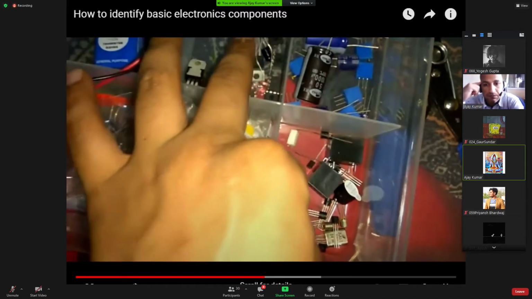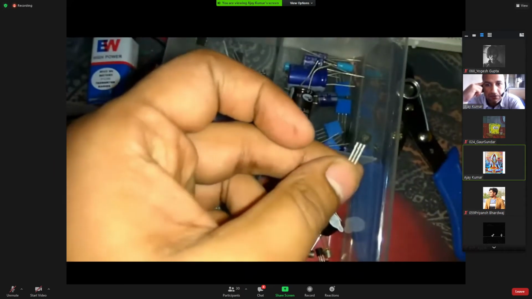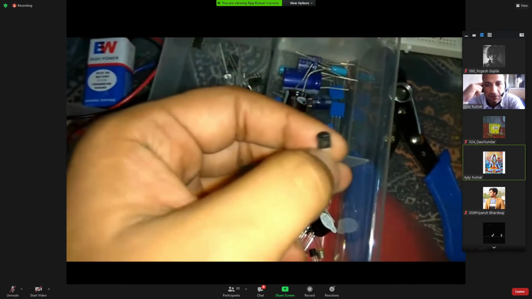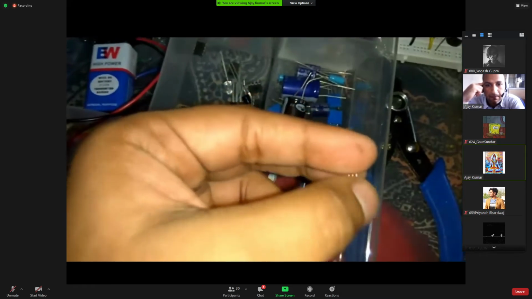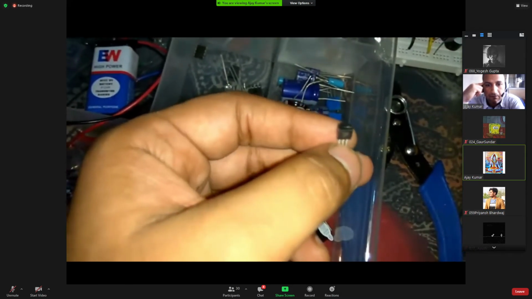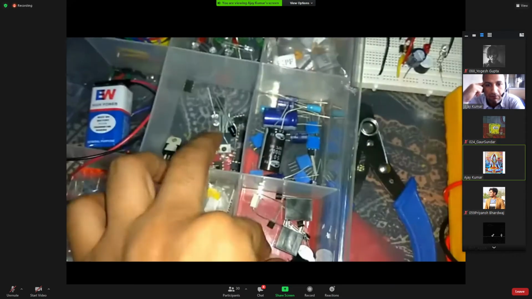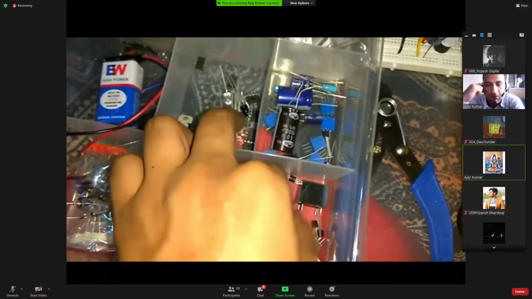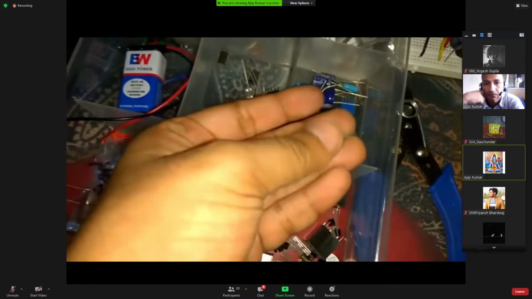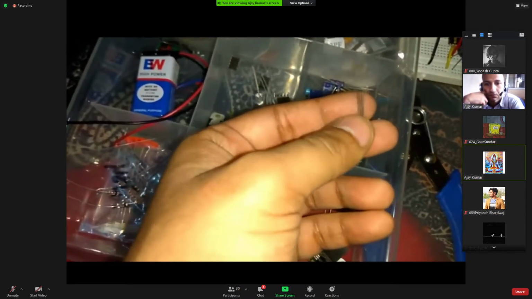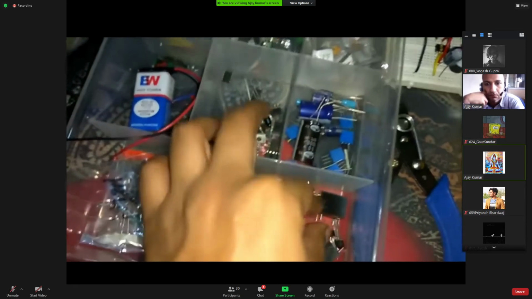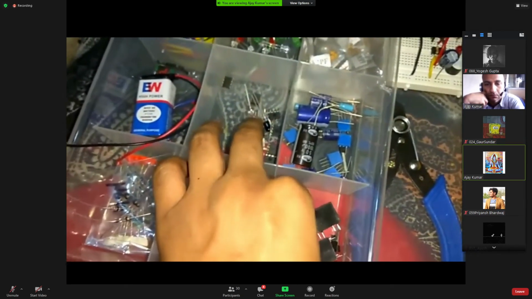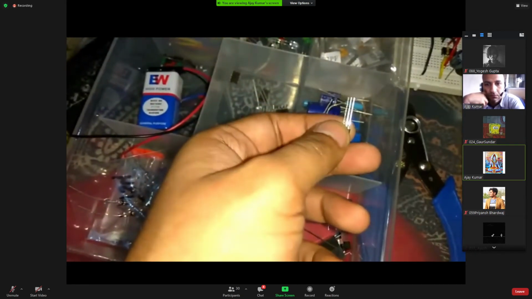Next, an important and famous component called the transistor. Transistors are of various types. I have not introduced all; some basic transistors are BC547 and BC548, meaning NPN and PNP. They are available by this name in the market for PNP and NPN.